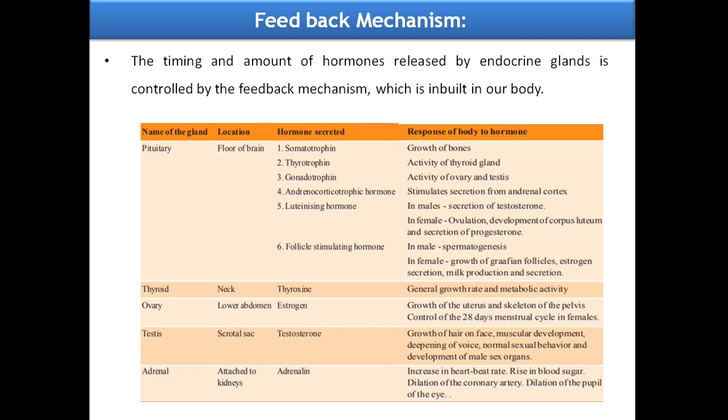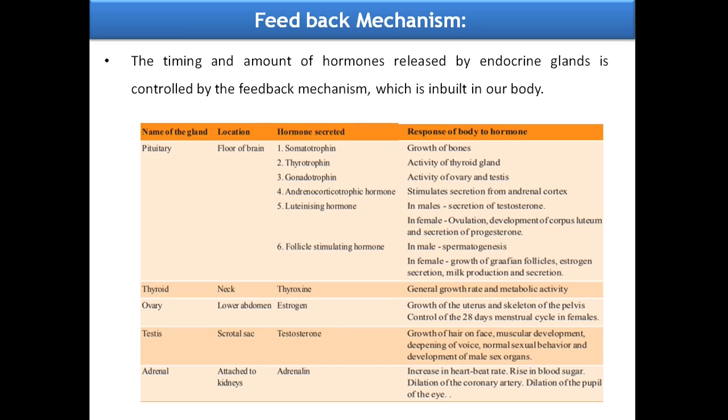Follicle stimulating hormone in males is meant for spermatogenesis, that is, formation of sperms, and in females it is meant for the growth of Graafian follicles, estrogen secretion, and milk production and secretion. Coming to the thyroid gland, which is present in our neck region, the hormone released is thyroxine, and it regulates the general growth rate and metabolic activities of the body.